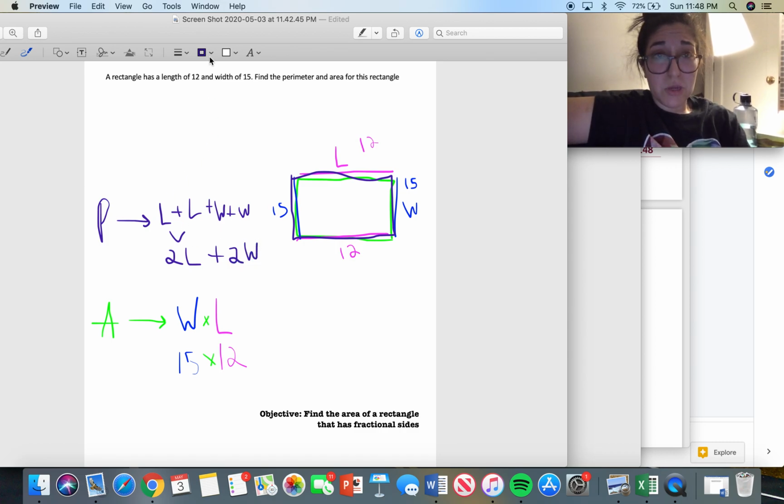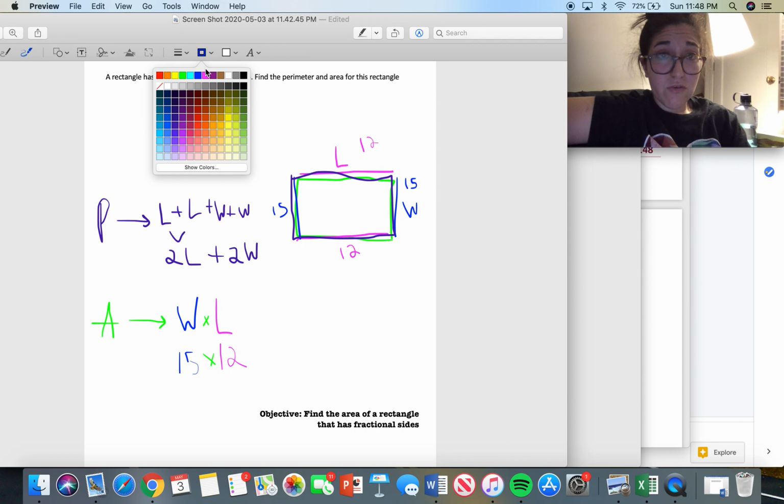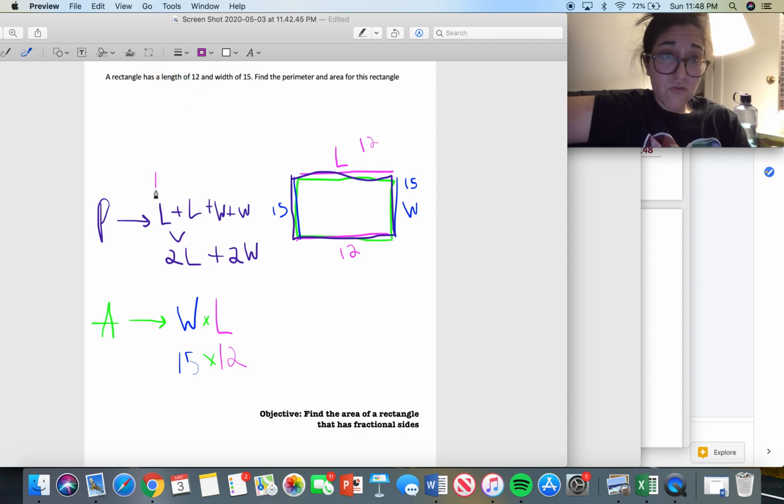In this case, length is 12, so it would be 12 plus 12 plus the two widths, 15 plus 15. 15 plus 15 will be 30.